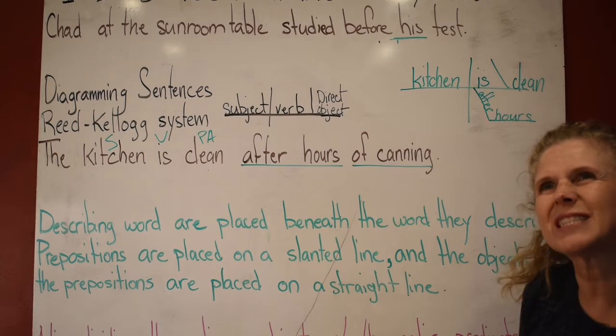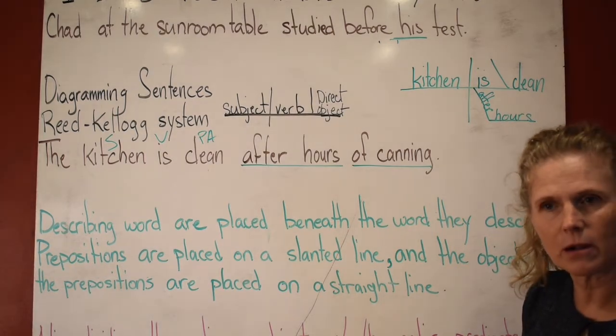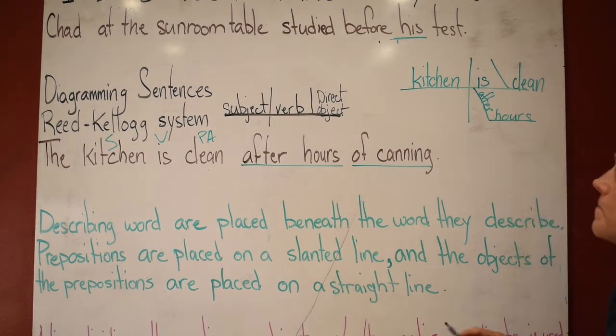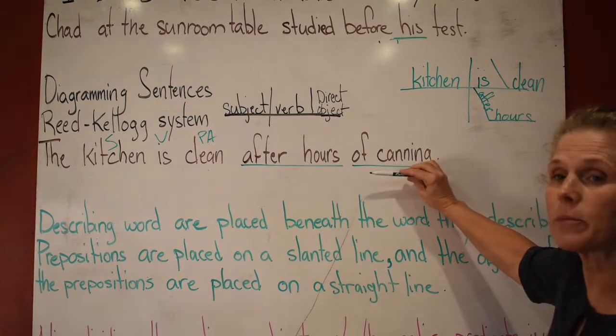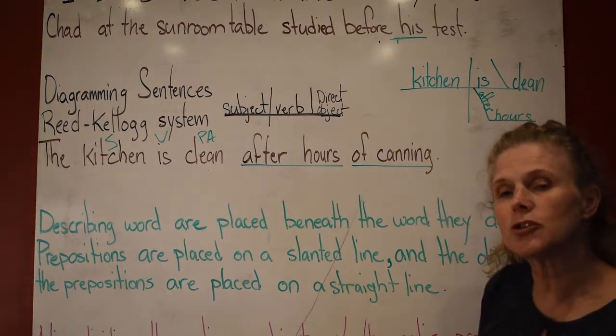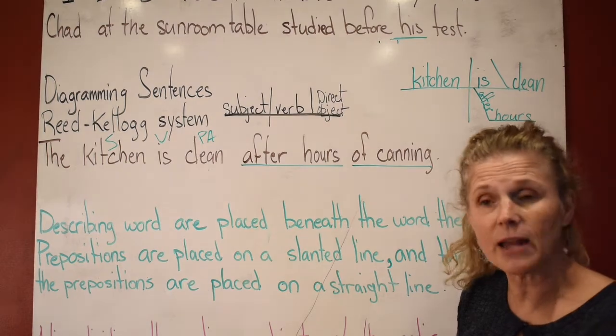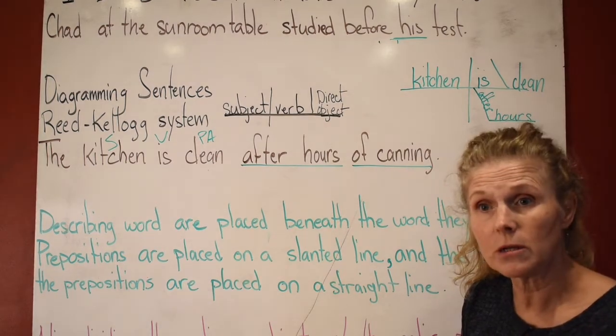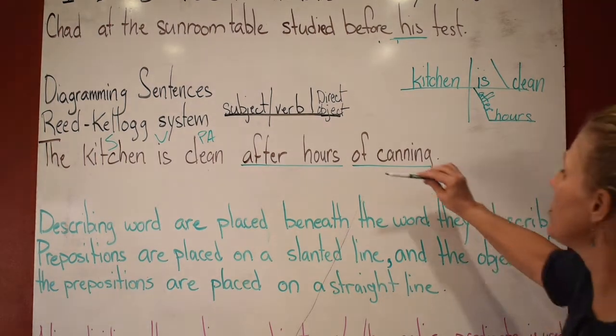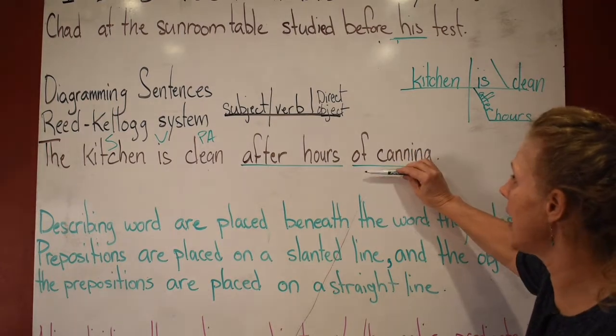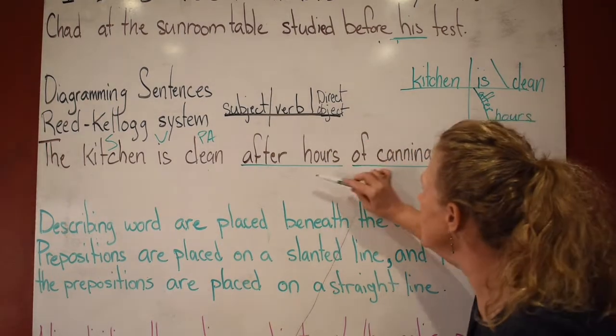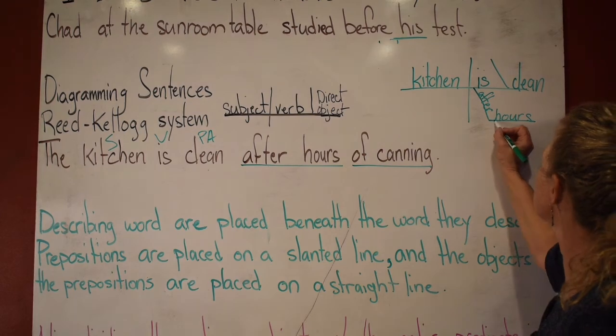You're like, which word is it actually describing? Of canning is a prepositional phrase, but these prepositional phrases act as adjectives and adverbs in other parts of speech. But right here, this is acting as an adjective describing the noun hours.